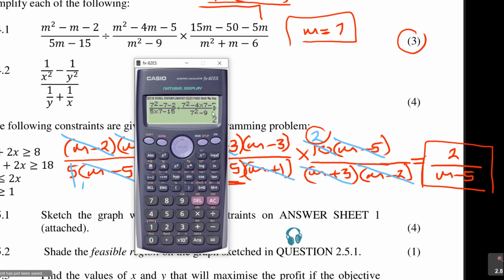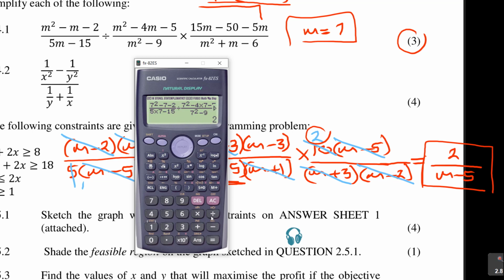Then it gives me a 2. You see that? Let me just cross check. 7 squared minus 7 minus 2 over 5 times 7 minus 15, divided by 7 squared minus 4 times 7 minus 5 over 7 squared minus 2, and the other one is 15 times 7 minus 50 minus 5 times 7 over 7 squared plus 7.